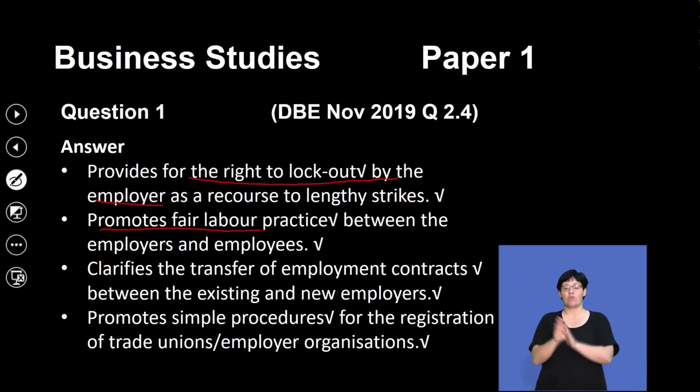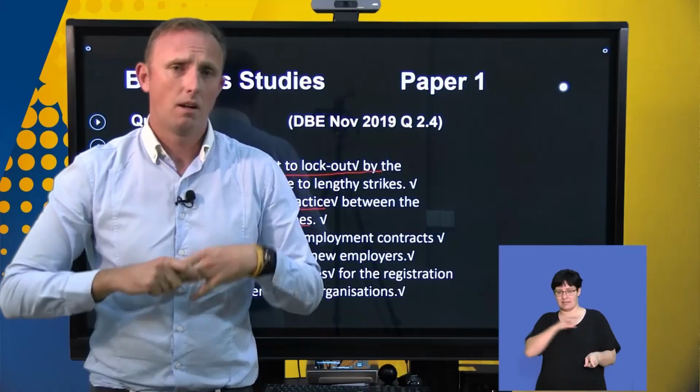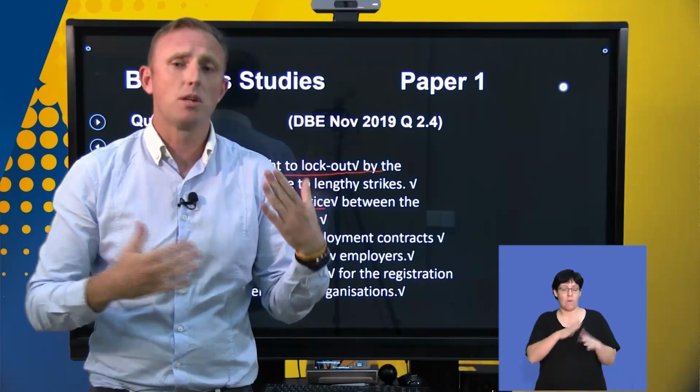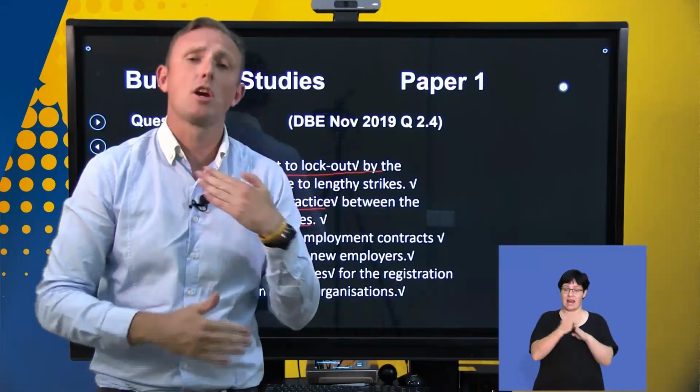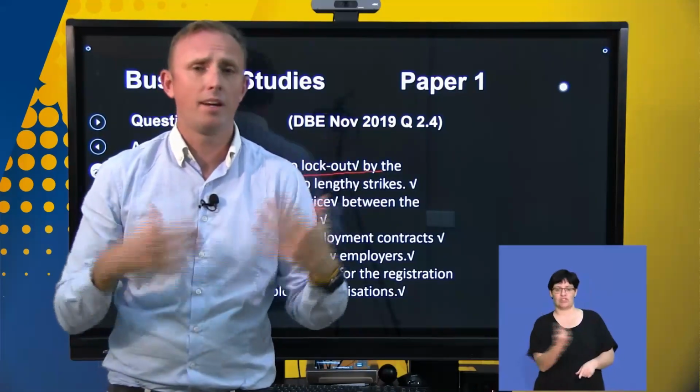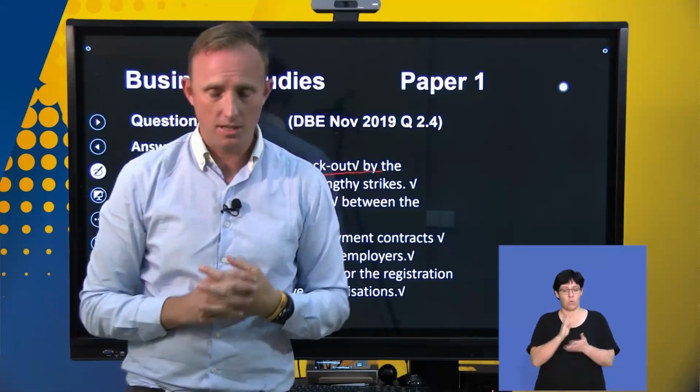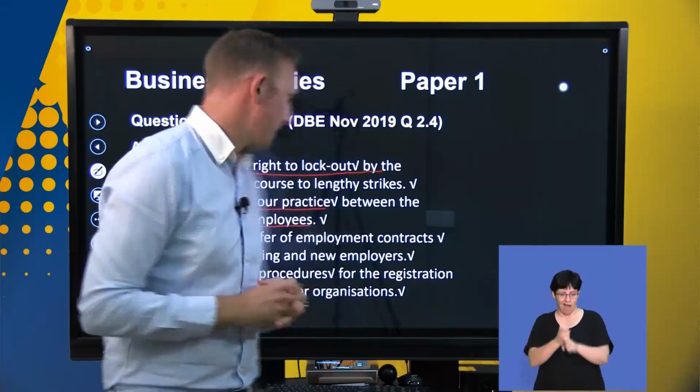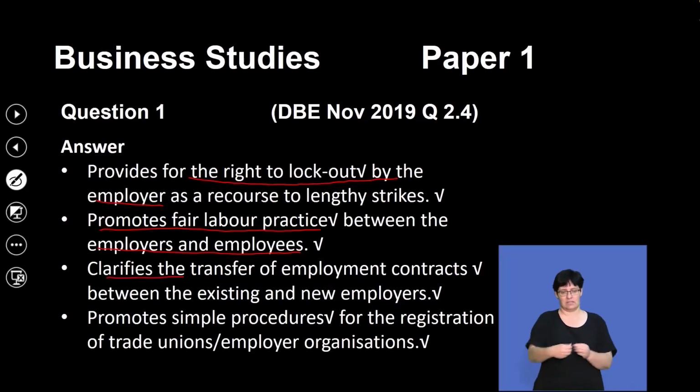It promotes fair labour practices between employers and employees, which is vital, because if there are fair labour practices, there's going to be trust between the employer and the employee, and that's going to increase the productivity of the business. It clarifies and transfers employment contracts between existing and new employees.